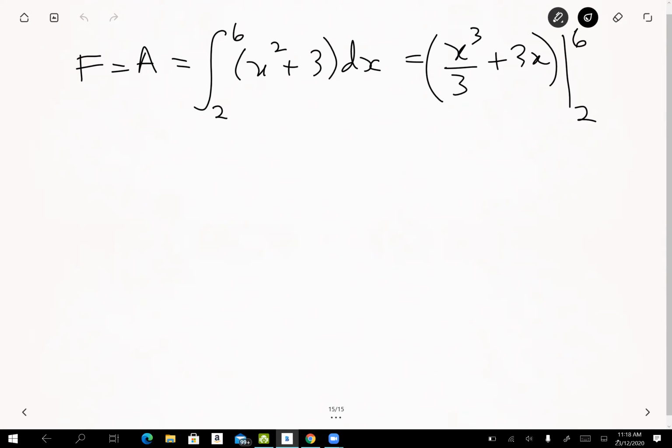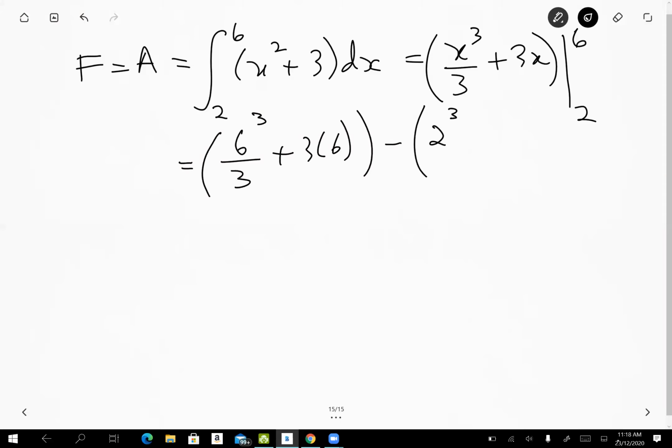So that is equal to what? That is equal to, we evaluate the value of the function at 6. So 6 to the power of 3 divided by 3 plus 3 times 6. So you got one value. And then take away 2 to the power of 3 over 3 plus 3 times 2.